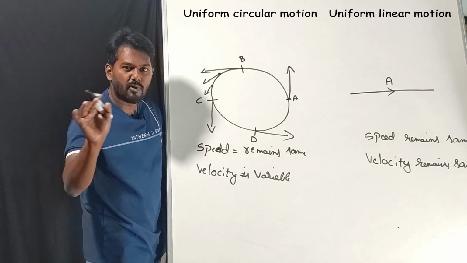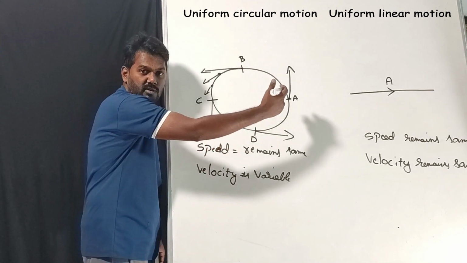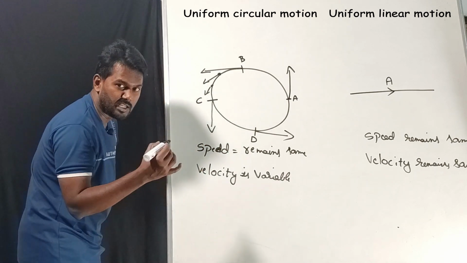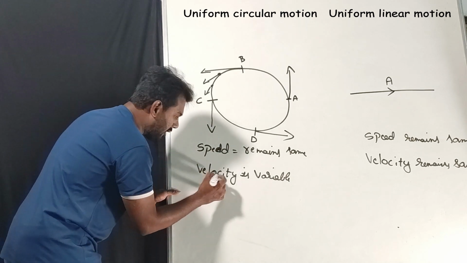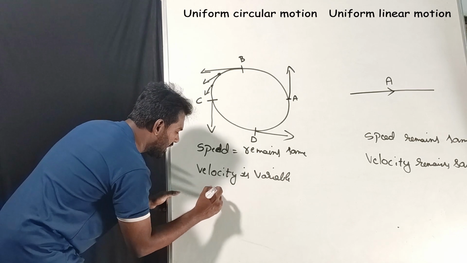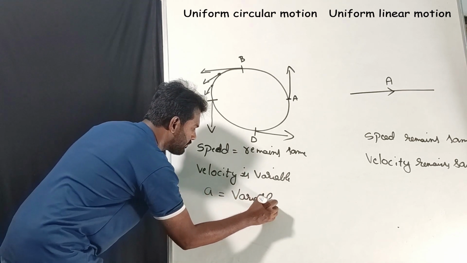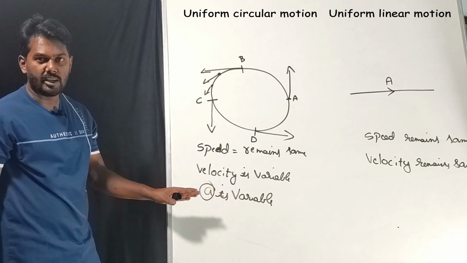Rate means divided by time. For changing the direction, it will take some time, correct? So acceleration is nothing but rate of change of velocity. So if velocity is changing, if velocity is variable, acceleration is also variable.